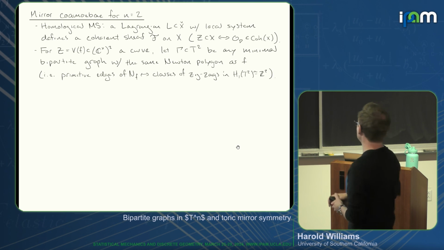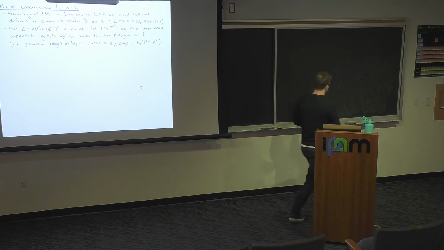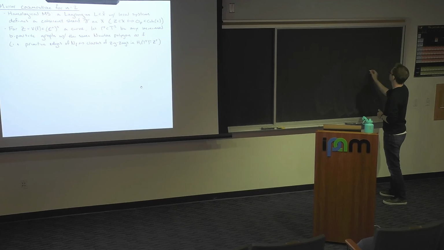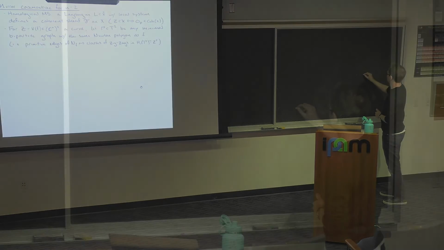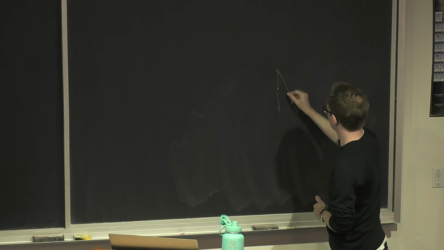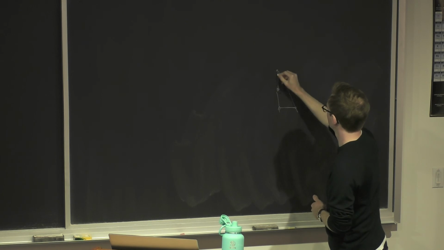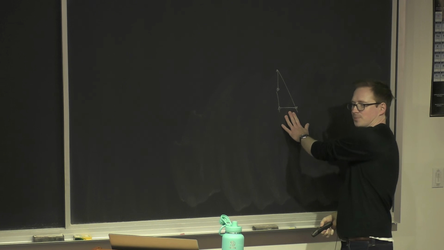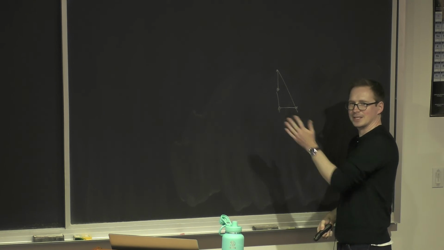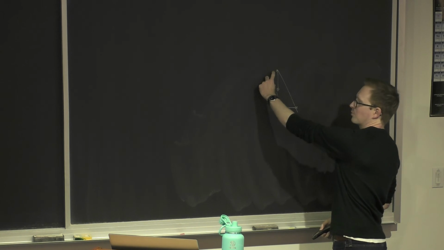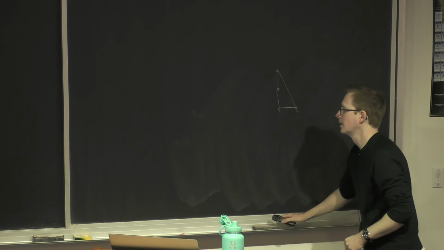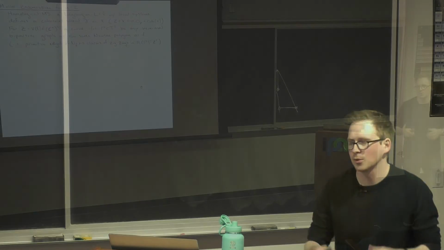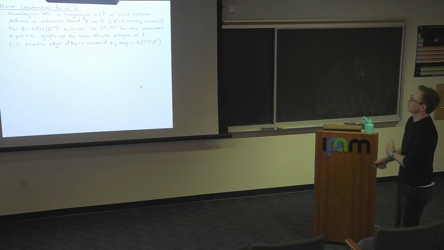So if I have an edge of length 2, a bipartite graph that corresponds to this polygon should have 4 distinct zigzag paths, and 2 of them would have the same homology class here. So now it's a well-defined condition.